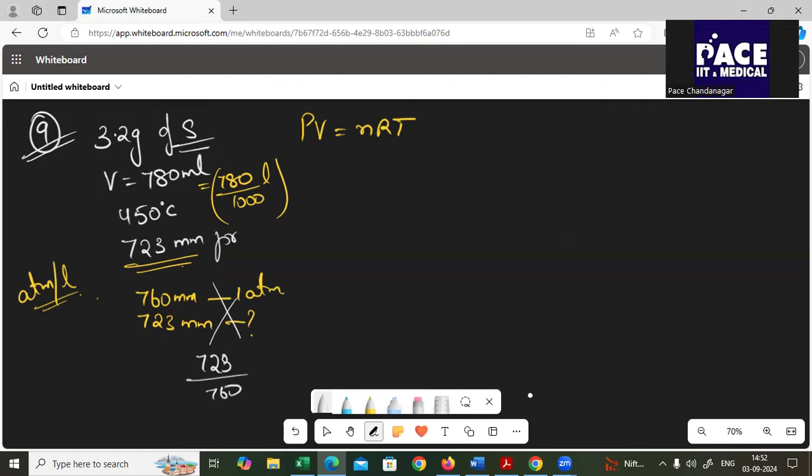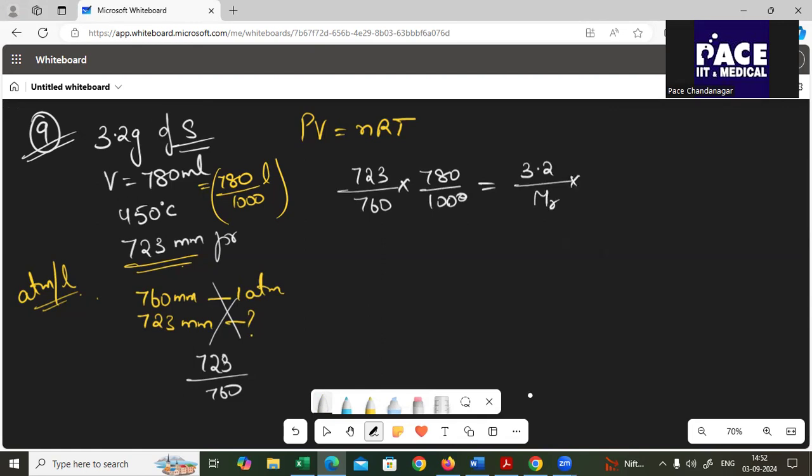Now PV is equal to nRT. I'll directly apply. In the place of P, it is 723 by 760 times volume 780 by 1000, that is the volume we have, equal to nRT. n stands for your number of moles. Number of moles is given mass by molar mass. Given mass is 3.2 by molar mass, I do not know.